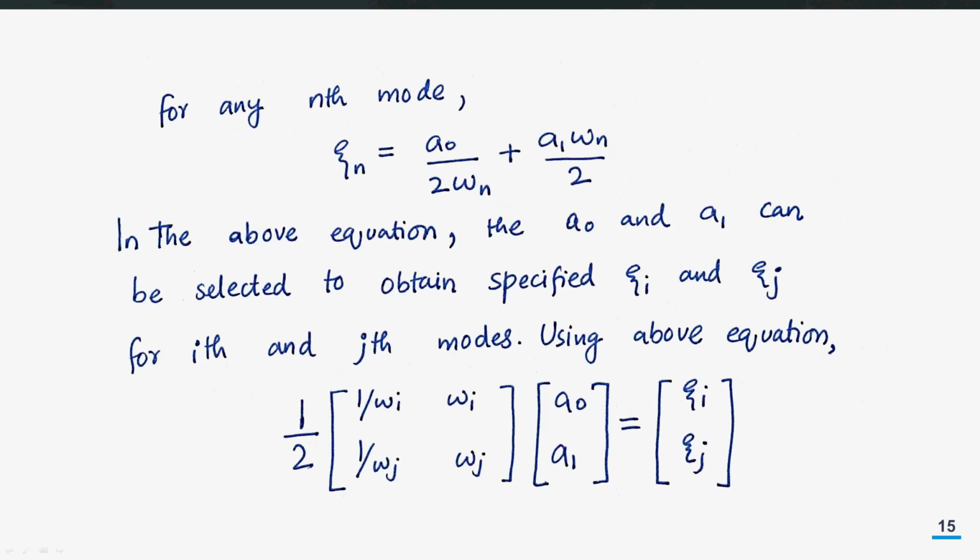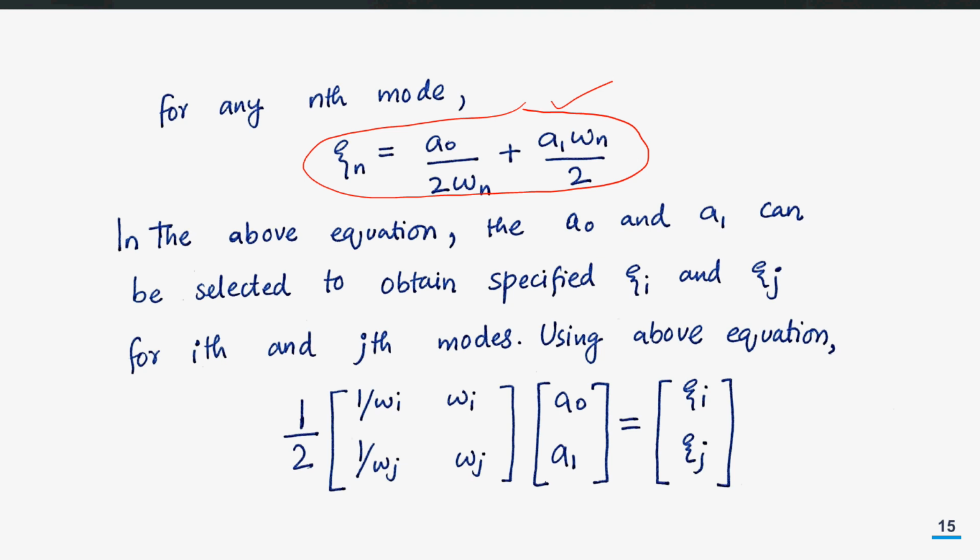So the nth mode modal damping ratio in this case would become this, similar to mass proportional damping.